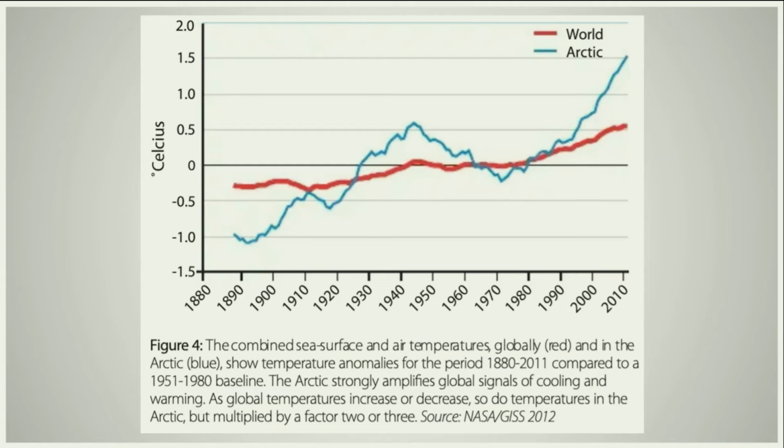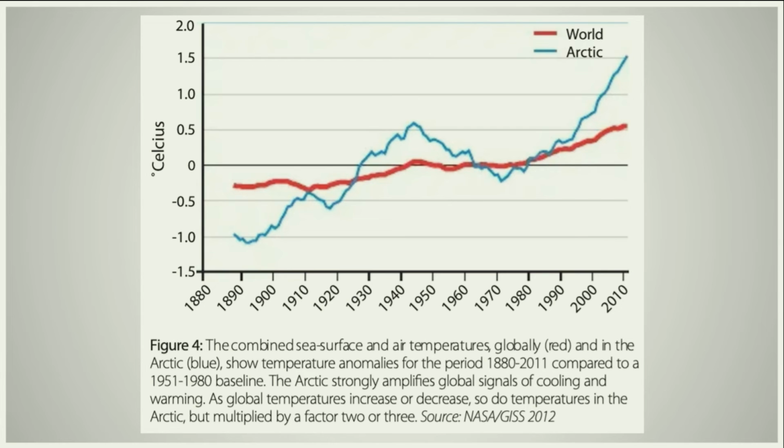Now we can see that not only does it warm faster, but on the rare occasions when the Earth cools down for a little while, it cools faster as well. So changes in temperature are happening faster in the Arctic than anywhere else. Here we see a period between 1890 and 2010, when for a while the air temperature over the world on average went down.